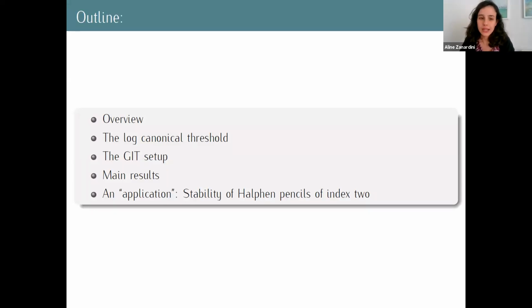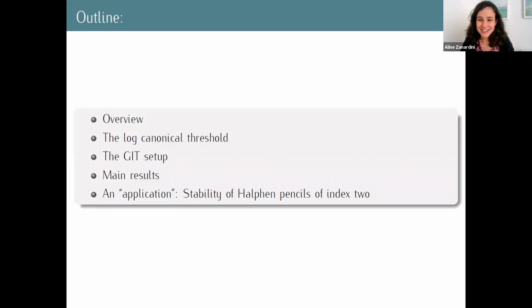I also would like to illustrate these results with some concrete and simple examples. In particular, one part of the talk will be sort of an application of these results. We will focus on certain pencils of plane curves of degree 6, which are called Halphen pencils of index 2.